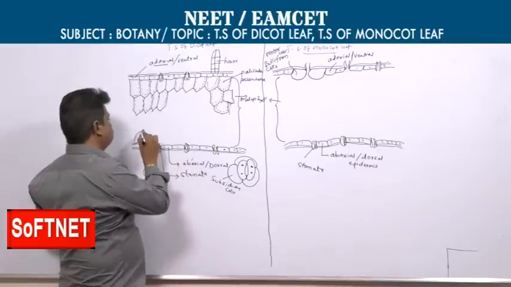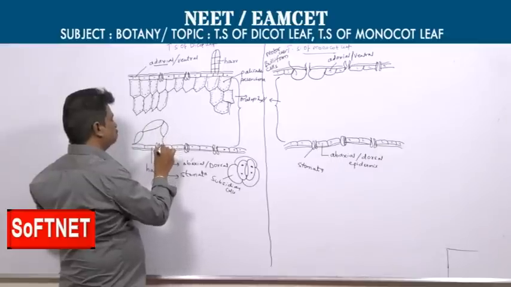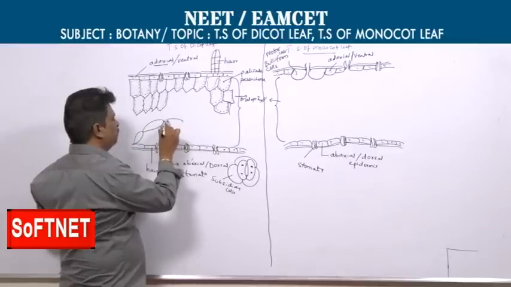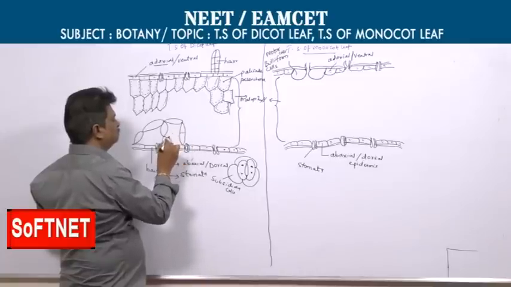Then the next one, sponge parenchyma. The sponge parenchyma is towards abaxial.